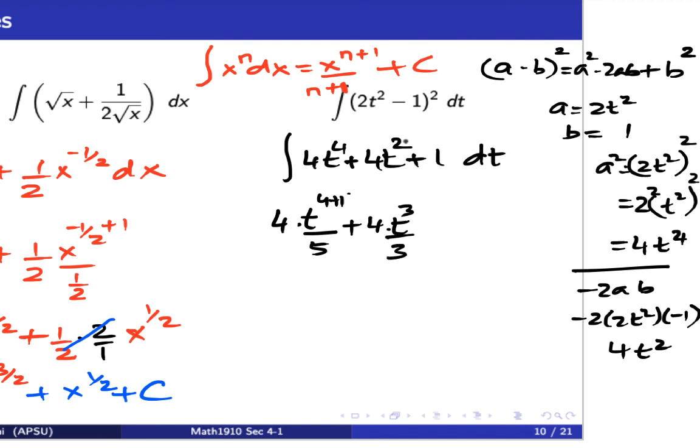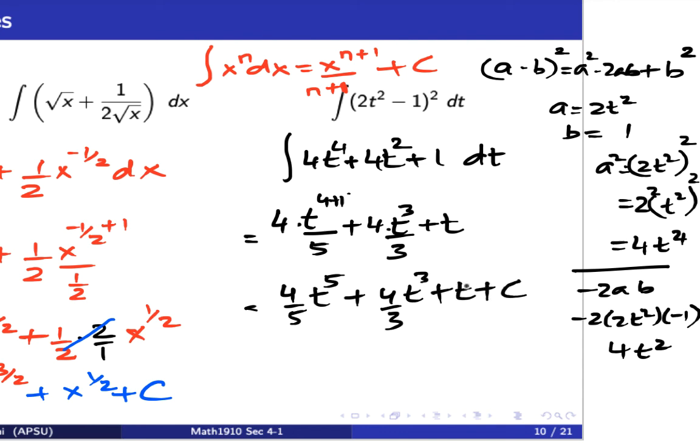And 1 is a constant; the integral of a constant is nothing but the variable, so we have dt giving t. And the nicer looking one, that's our final answer: 4/5 t to the 5 minus 4/3 t cubed plus t plus C.